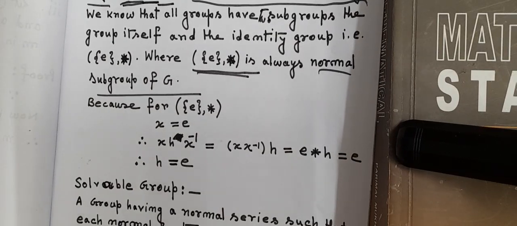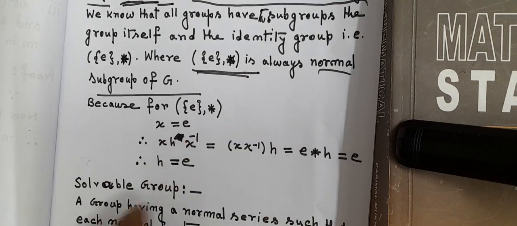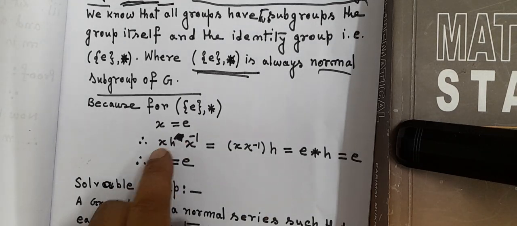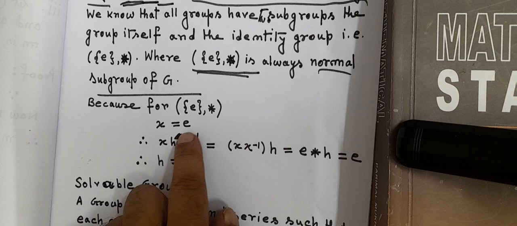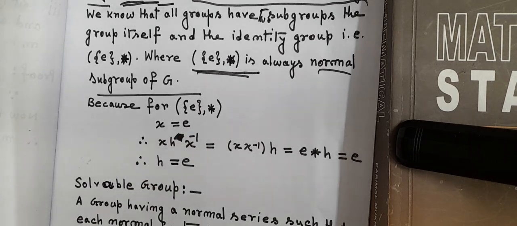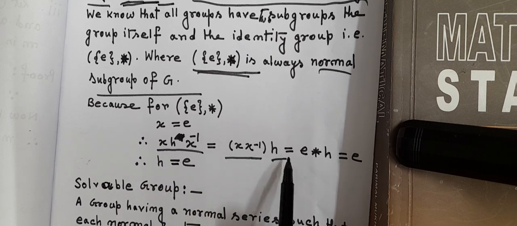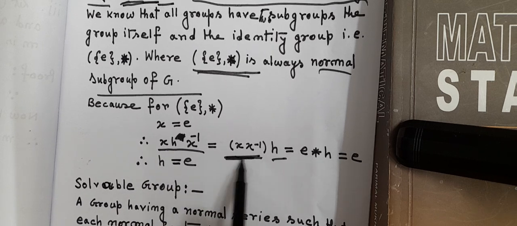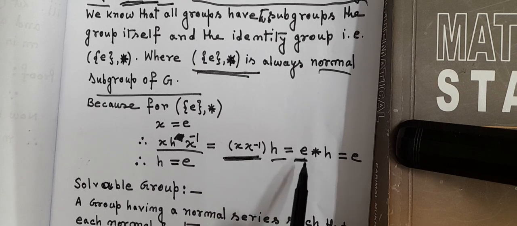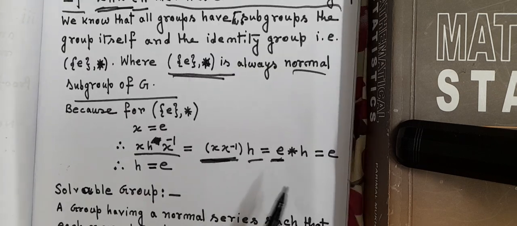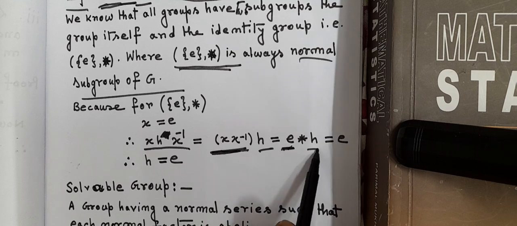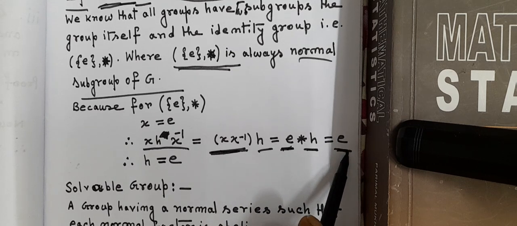because for the identity element, we can write it like this: for any element x, x⁻¹ H x gives us the identity element, and if we do any binary operation of the identity element with any element, we will get the identity element.